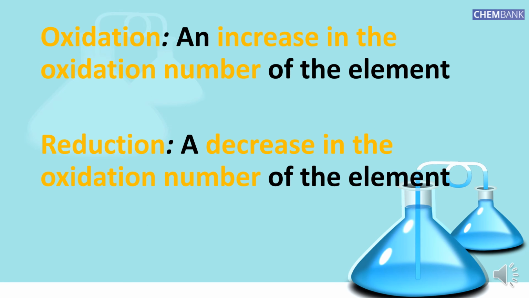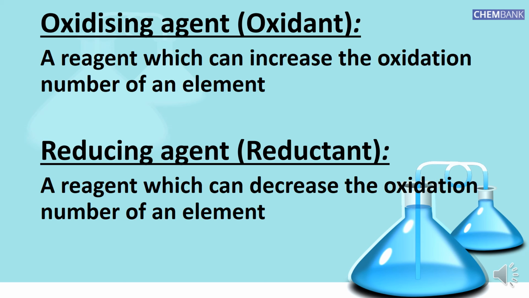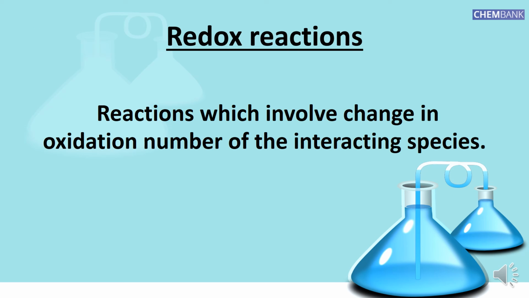Now let us define oxidation and reduction in terms of oxidation number. Oxidation is an increase in the oxidation number of the element, and reduction is a decrease in the oxidation number of the element. So what will be an oxidizing agent? It will be a reagent which can increase the oxidation number of an element, and a reducing agent will be a reagent which can decrease the oxidation number of elements.